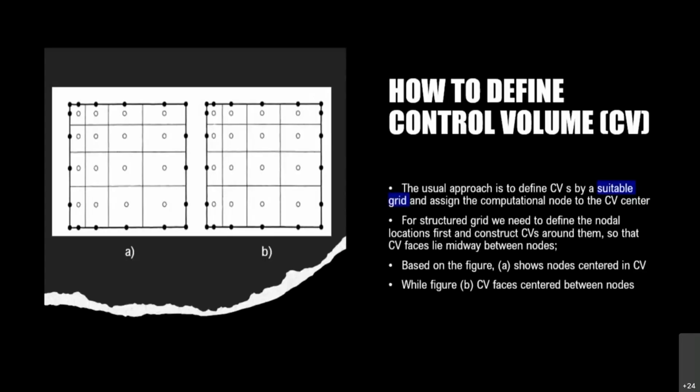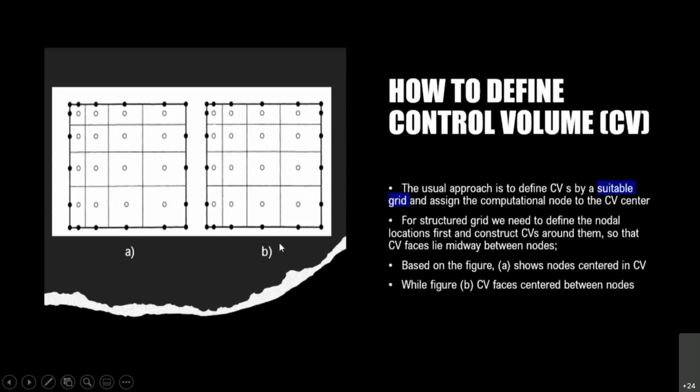So how do we define the control volume, or CV? The usual approach is to define CVs by using a suitable grid and assign the computational node to the CV center, as in the given figure.